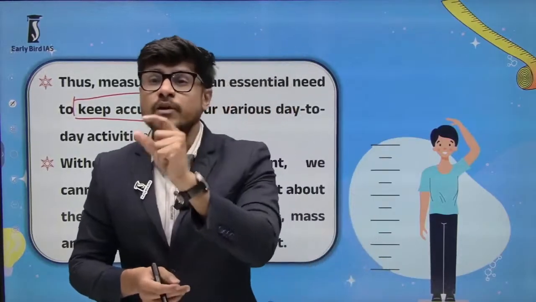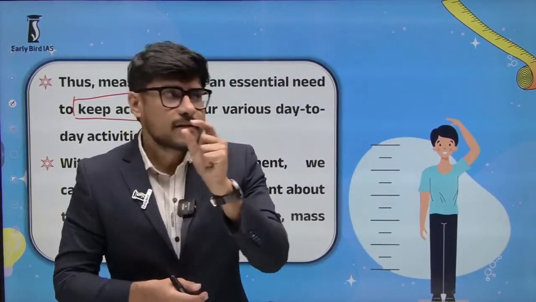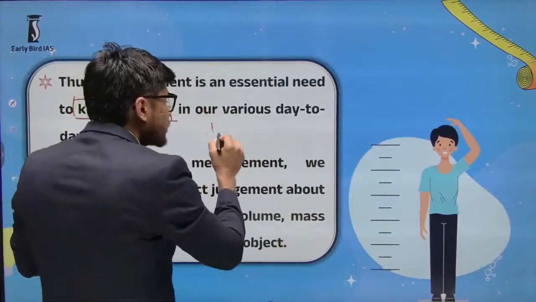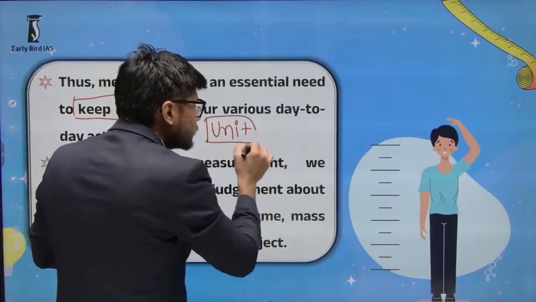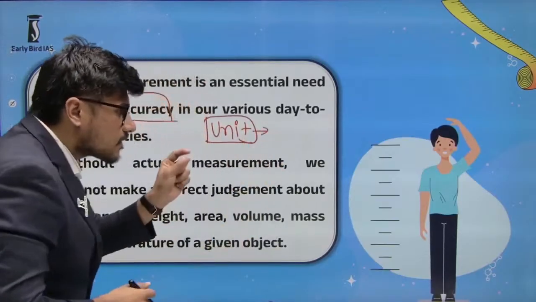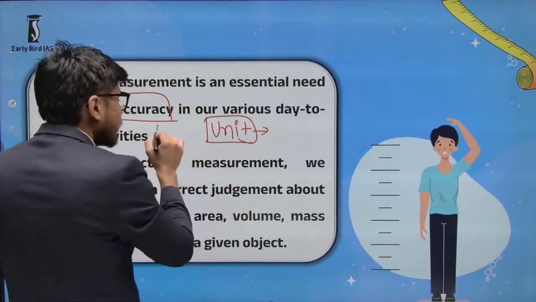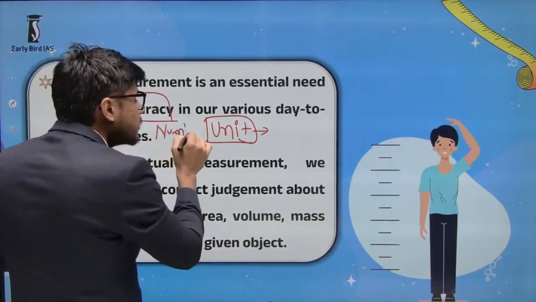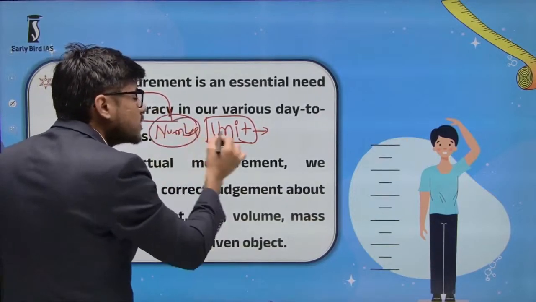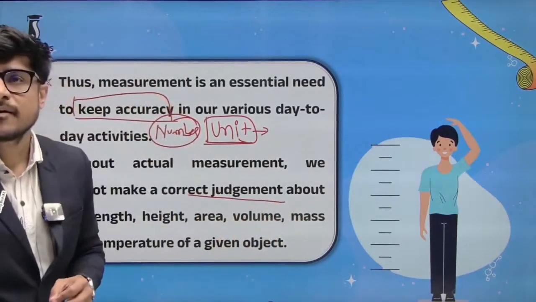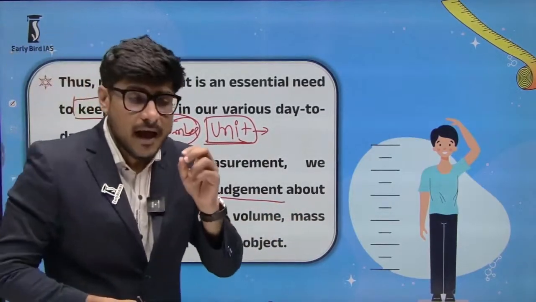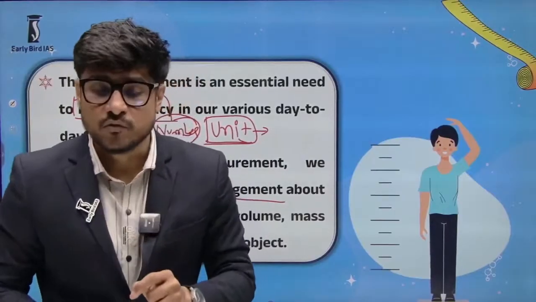Understand the word unit: the unit we use after that number is important, because from this unit you will judge the criteria, that I need to bring 2 kg sugar.